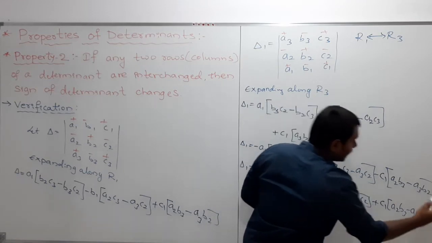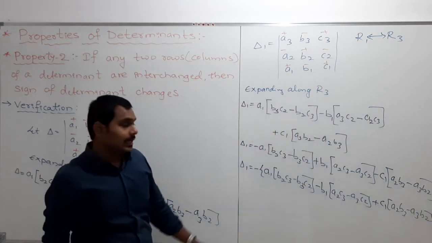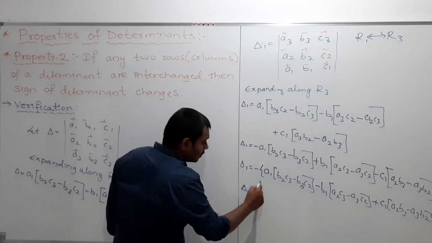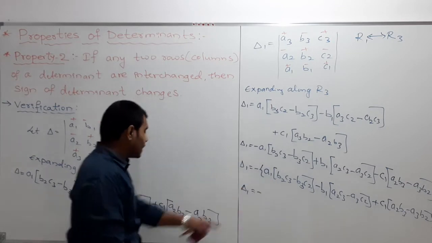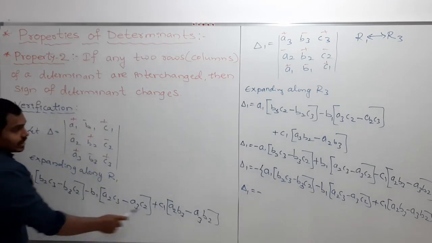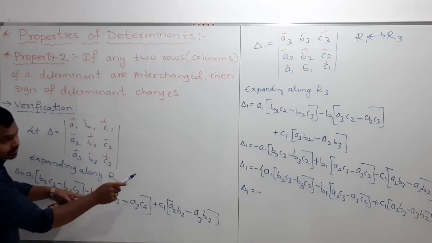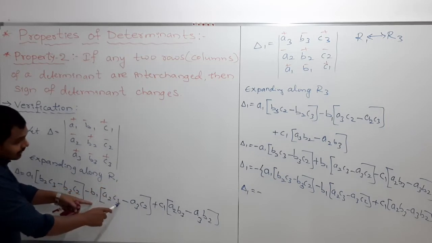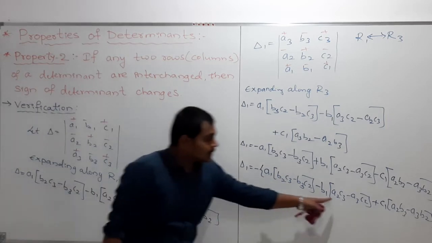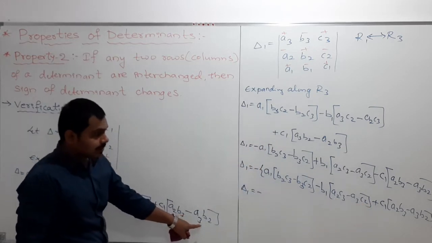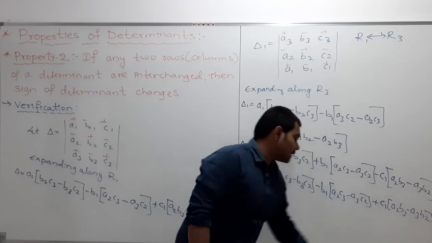Clear? So this is inside the bracket. Now my dear students, this delta 1 is equal to minus, as it is. You can observe here this is nothing but delta only. A1 (B2C3 minus B3C2) minus B1 (A2C3 minus A3C2) plus C1 (A2B3 minus A3B2).